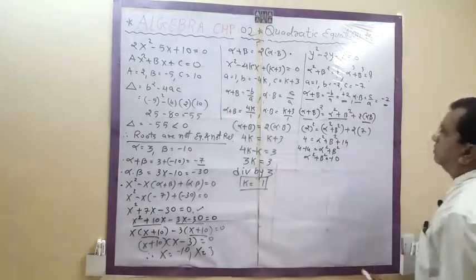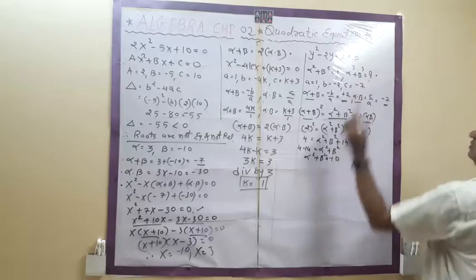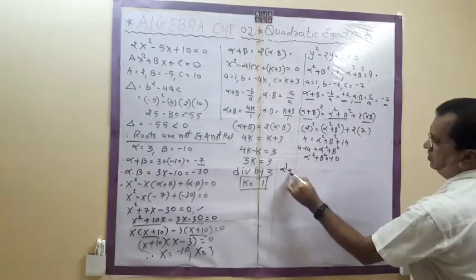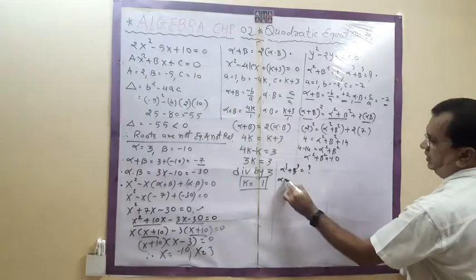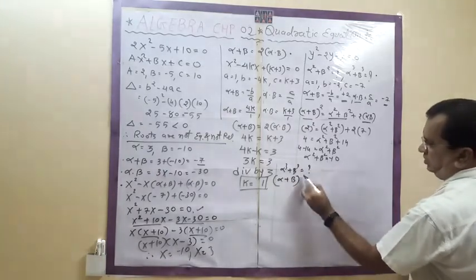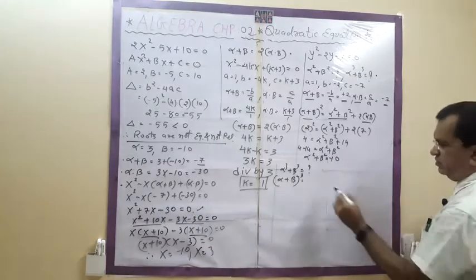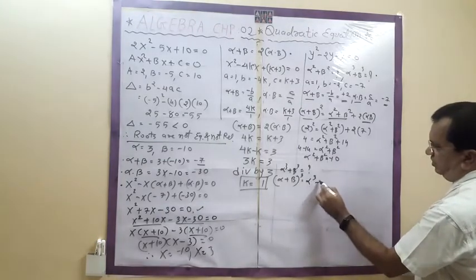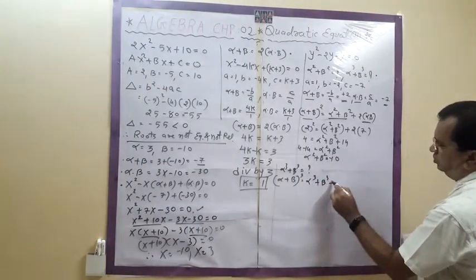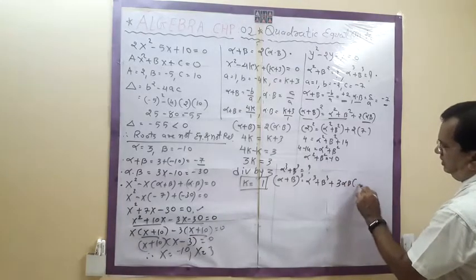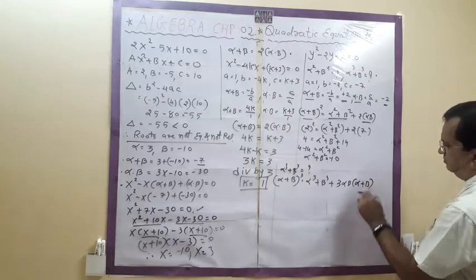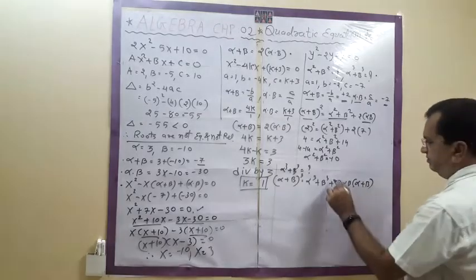Now one more question. This alpha cube plus beta cube. So alpha plus beta whole cube is equal to, how to write, alpha cube plus beta cube plus 3 alpha beta into alpha plus beta. Remember the formula.